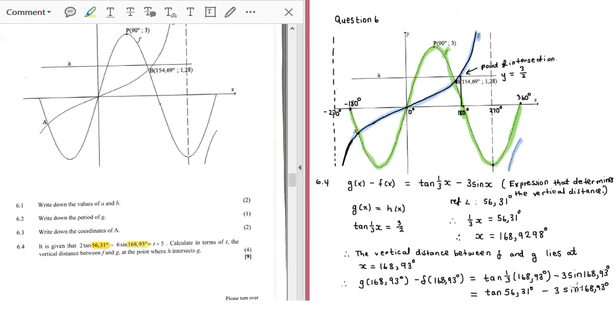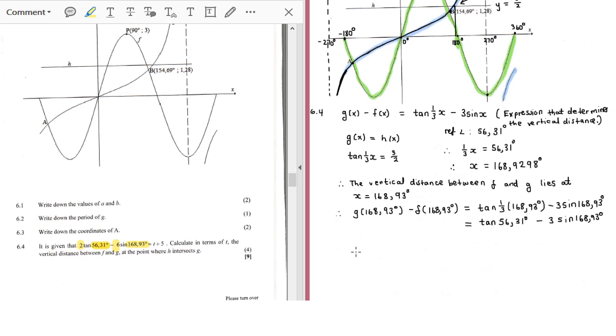Now if you compare what we have over here with what was given, you can see that the odd ones out are this 2 and this 6. We have a minus 3, they have a minus 6.